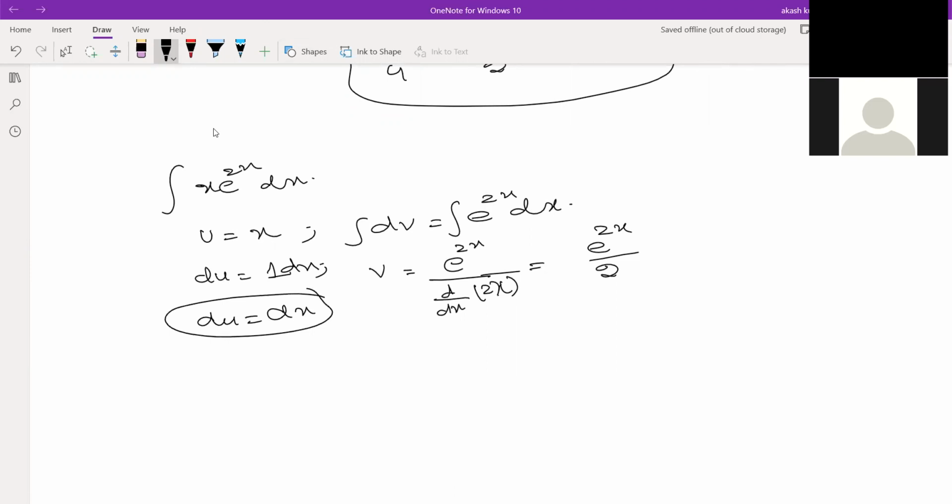Now applying the integration by parts formula, it will become v, which is e raised to the power 2x divided by 2, times u, which is x, minus the integral of v, which is e raised to the power 2x divided by 2, du, which is equal to dx.